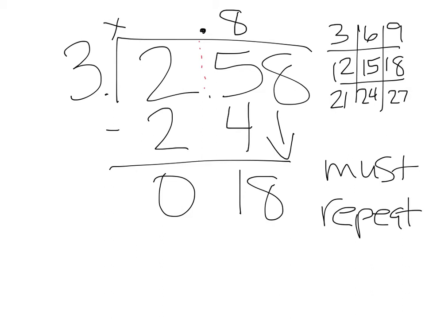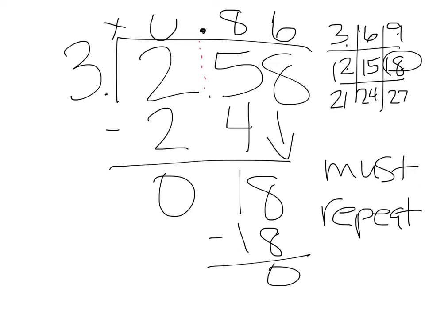Go back to my tic-tac-toe. 1, 2, 3, 4, 5, 6 groups right there. So my 6 goes above the 8. I multiply 3 times 6. 18. Subtract. Do I have anything to bring down? No, I don't. So my answer, and I can put my 0 right there in front of my decimal point, is 86/100. Okay, so let's try another one.